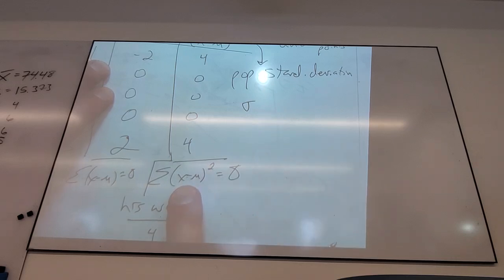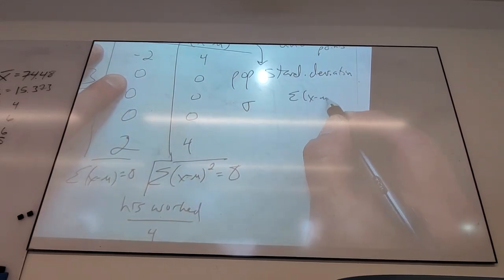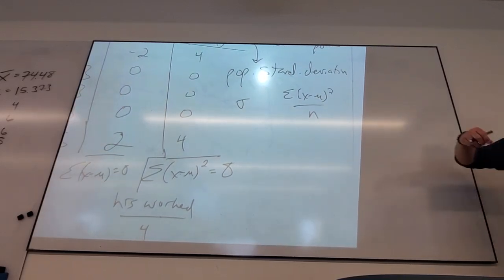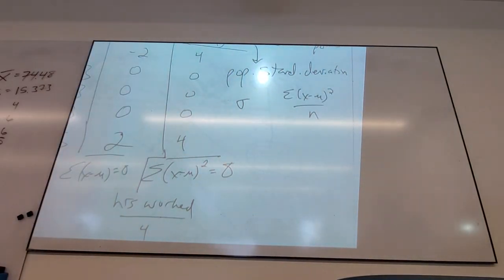Now, real quick. If I take these and I divide by how many there are, am I going to get the right number that I want? What did we say we have to do at the end to get the right number we want? I have to square root at the end, because what I did in the middle was square everything.